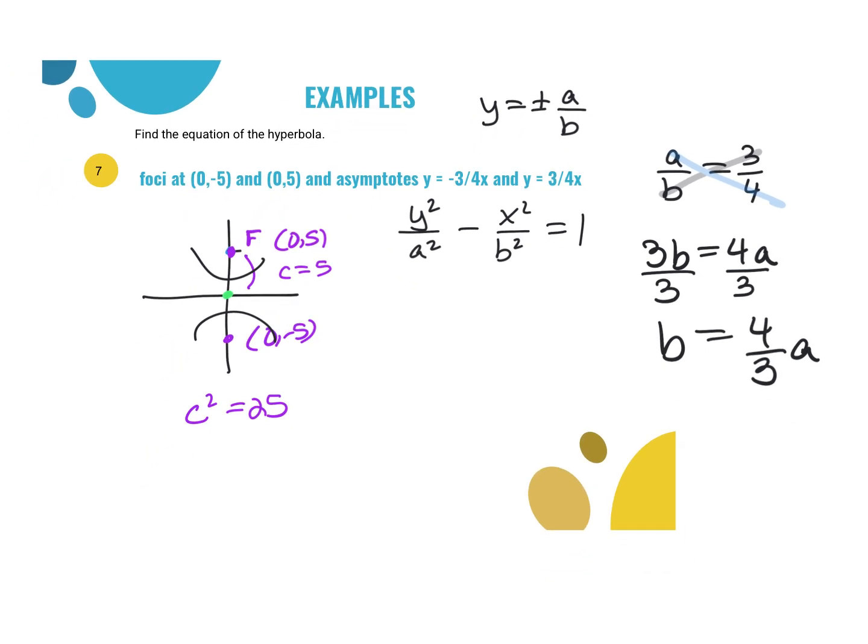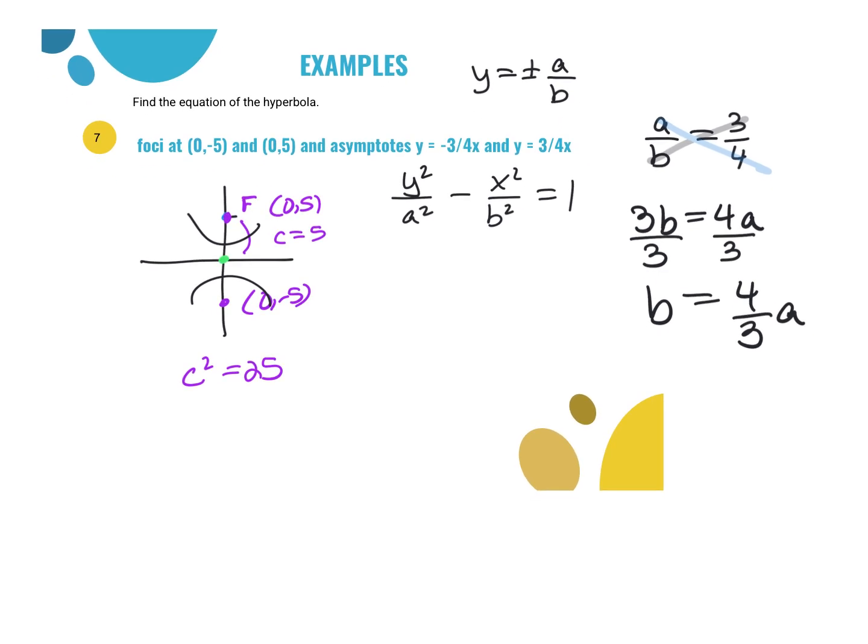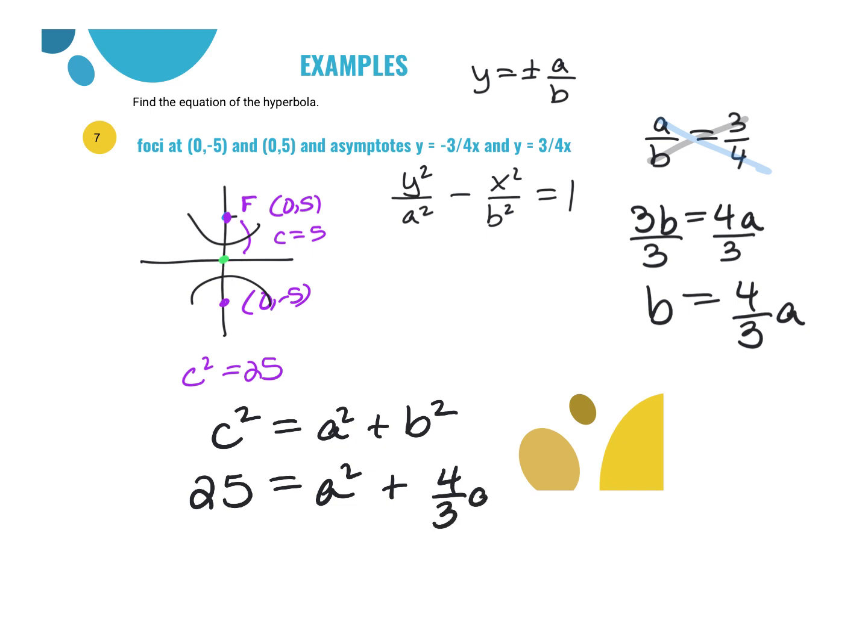Now what I need to do is take this information and plug it into c squared equals a squared plus b squared. Well, I know my c squared is 25. I don't know a squared, and I just found the value of b to be 4/3 a. And I have to square that.